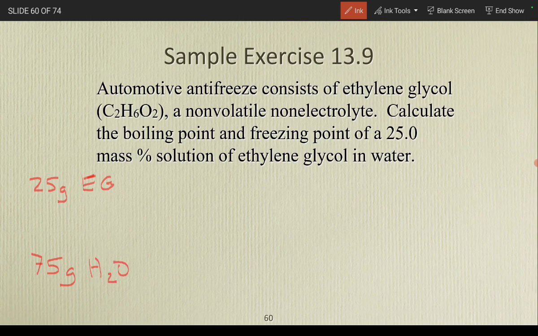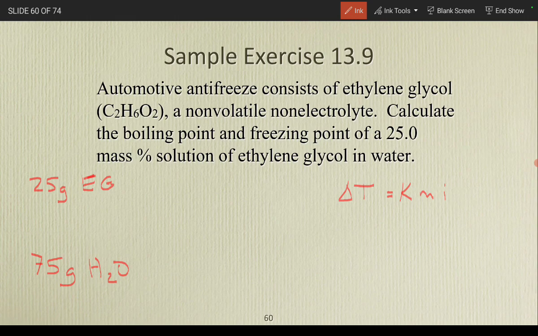And if we're trying to get the new boiling and freezing points for this solution, if we think about what the equation is going to be, I'm just going to do the generic one since the boiling point and freezing point are the same. It's just going to be dependent on what constant we actually have. We've got the freezing point or the boiling point constant times the molality times i, so we've got that Van't Hoff factor.